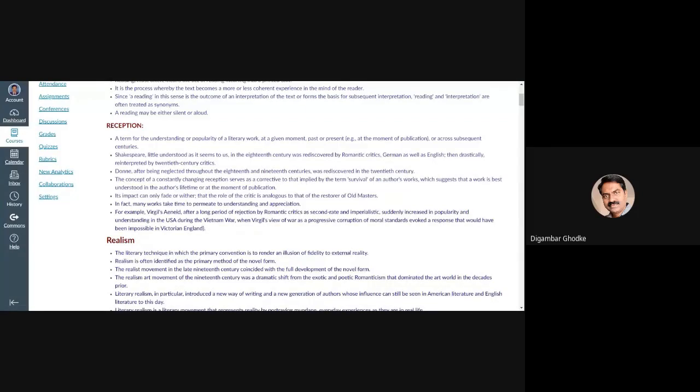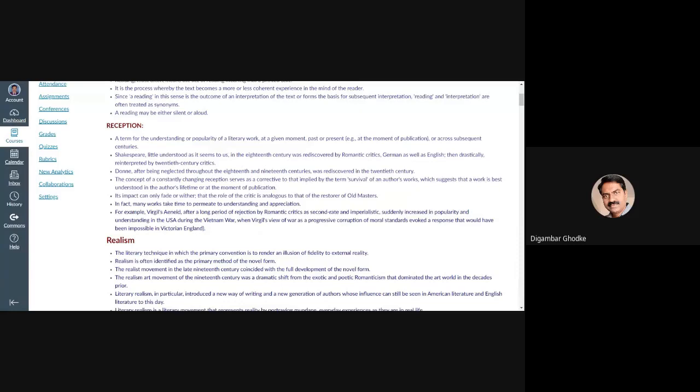So it suggests that a work is best understood in the author's lifetime and at the moment of publication. Later, it may be reinterpreted in a drastic manner, so the reception in the later stages may change, and its impact can only fade or wither. Means the role of the critic is analogous to that of the restorer of old masters. So many works take time to be understood and to be appreciated.